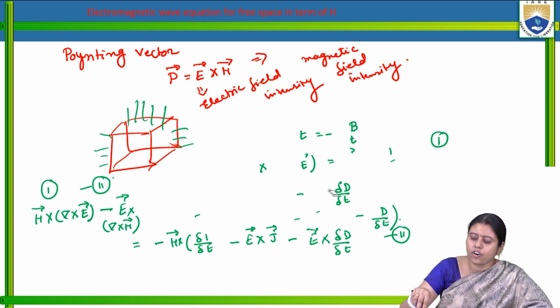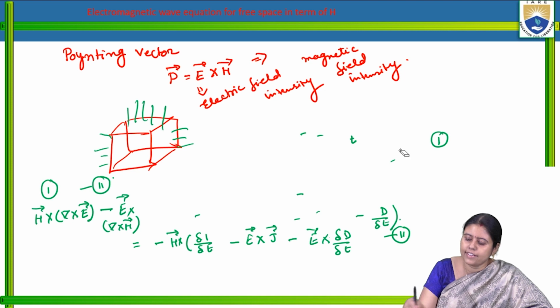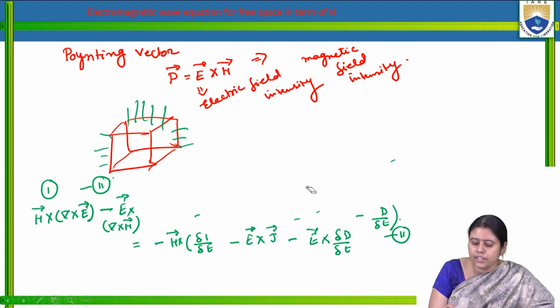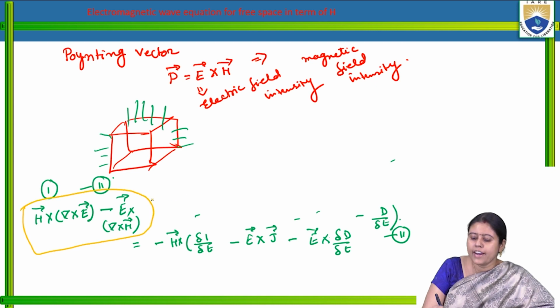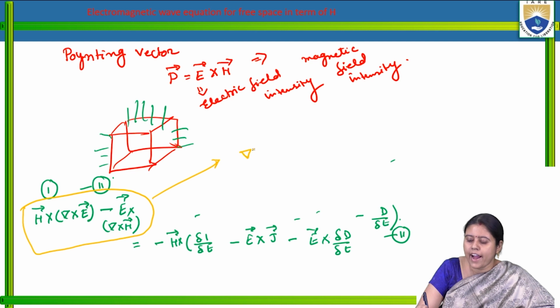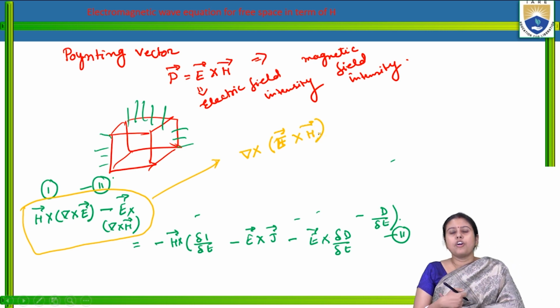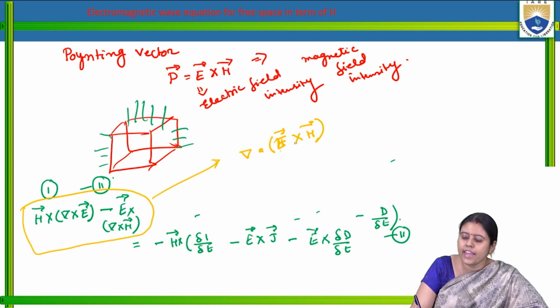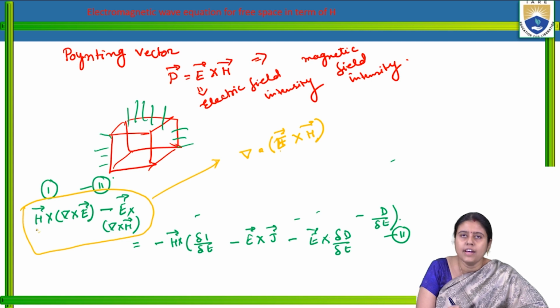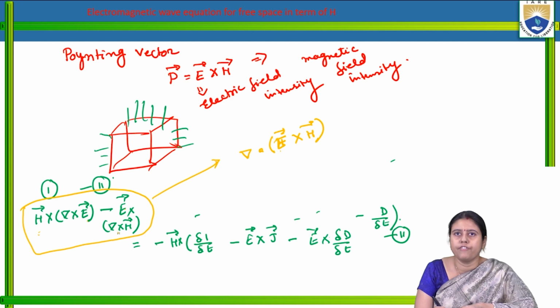Now we can write this equation as grad cross H, E cross H. From the formula of the vector identity, you can write grad dot E cross H. The formula will be: the second one dotted with the curl of the first one minus the first one dotted with the curl of the second one.